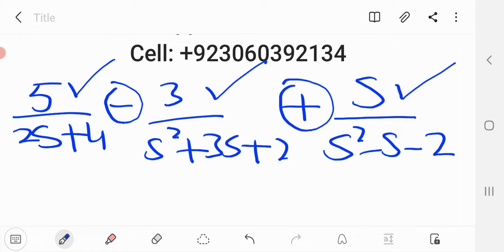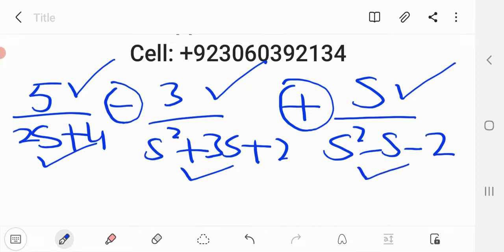But before finding the LCM of these three denominators, let me factorize first. The first one has already been factorized, we can just take 2 as a common factor, and the second is written in quadratic form, that will be factorized because we need two factors in order to take the LCM as an easy step.